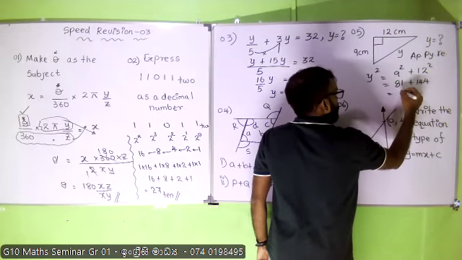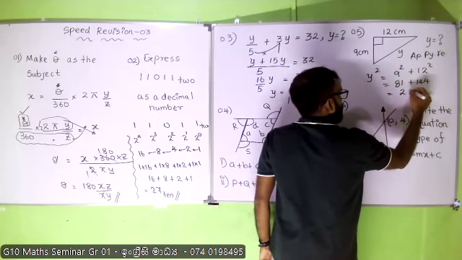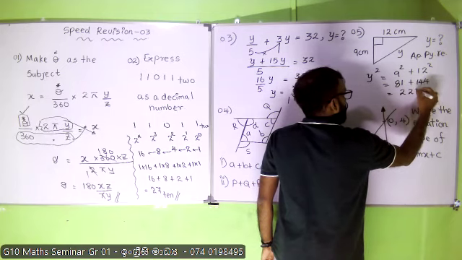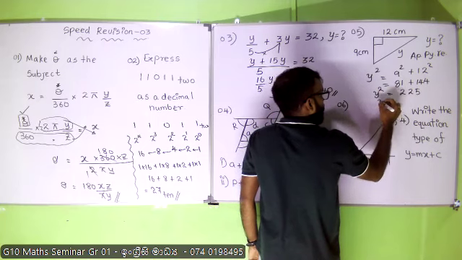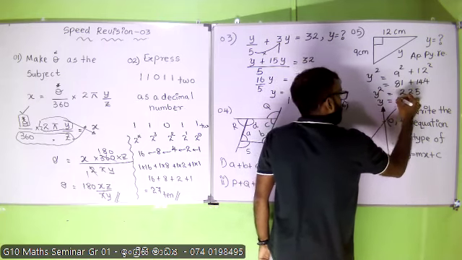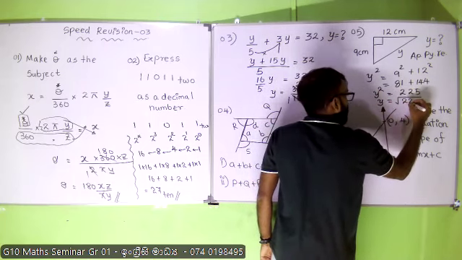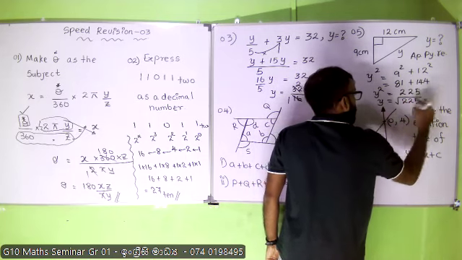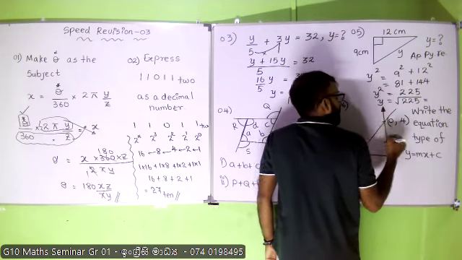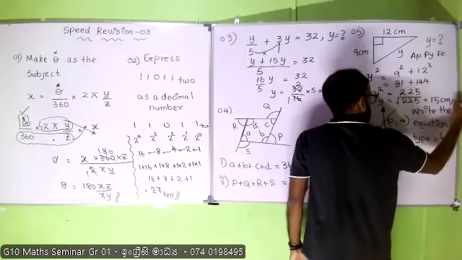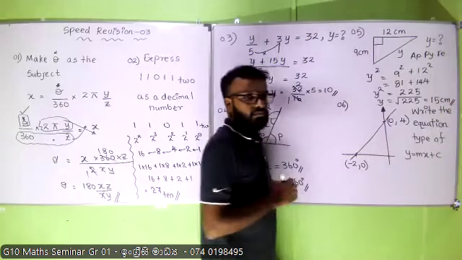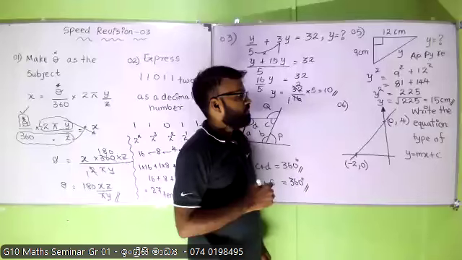This will give you 225. Yeah. So this is y squared. y equals square root of 225. Square root of 225, 15 centimeters. Right? Very simple.